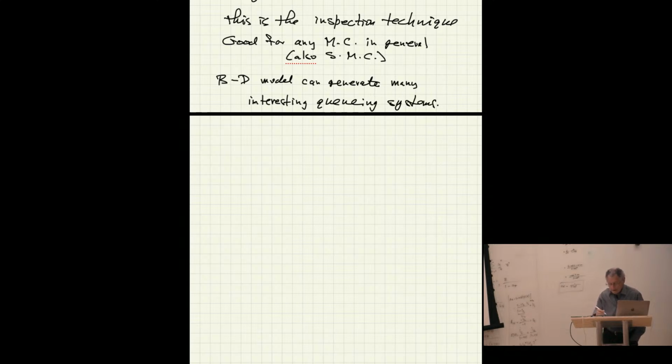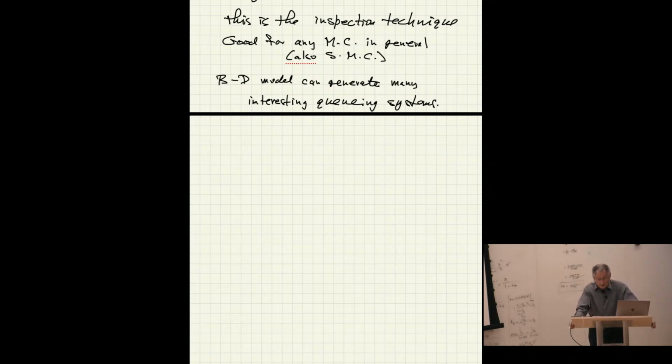In fact, the next chapter in the book, I believe it's chapter 3, is all about birth-death Markovian queues. And by that I mean, when I say interesting, I mean we can solve them.